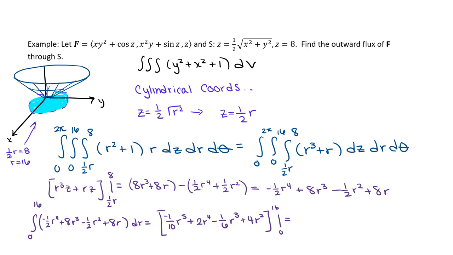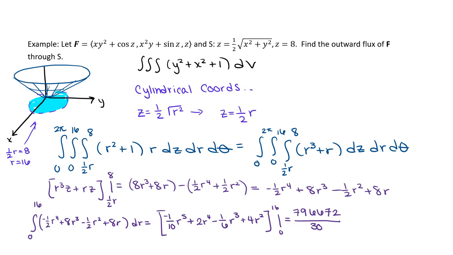And now I'm going to integrate that result, which was negative 1/2 r to the fourth plus 8r to the third minus 1/2 r squared plus 8r. We're going to integrate that with respect to r. So I have my antiderivative on the screen. Negative 1/10 r to the fifth plus 2r to the fourth minus 1/6 r to the third plus 4r squared.